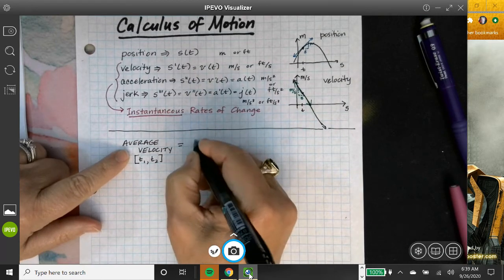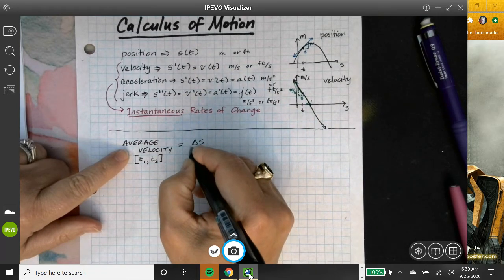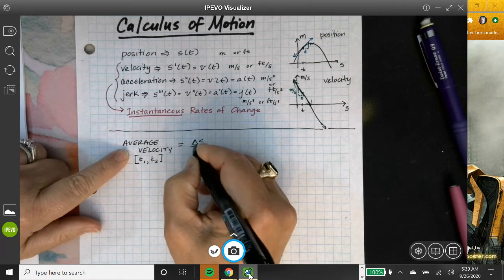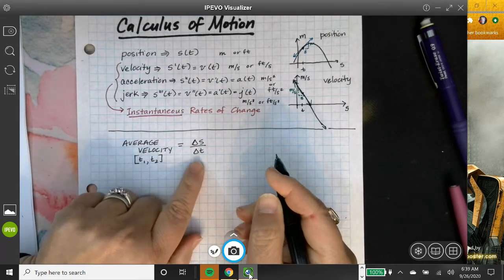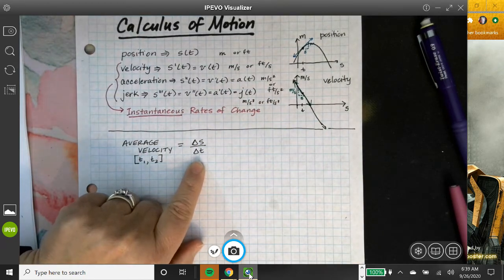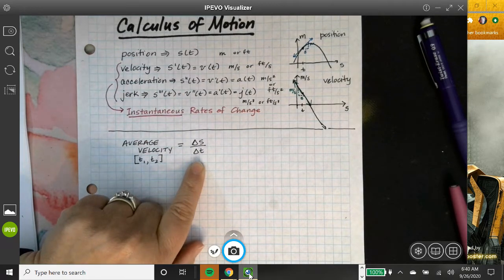That's going to be the change in position, delta S over delta T, which is the change in time. Now, delta is a bigger change in time than the derivative, which is an infinitesimally small change in time.